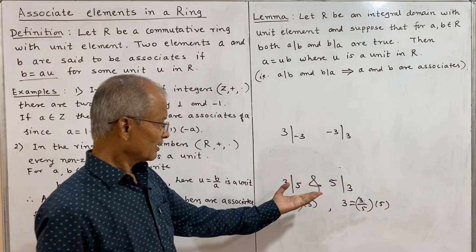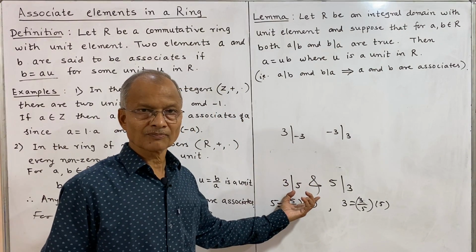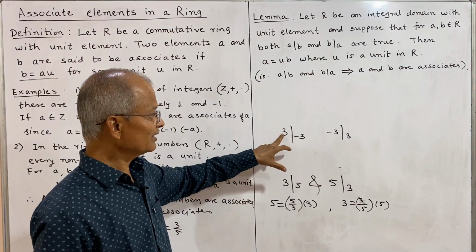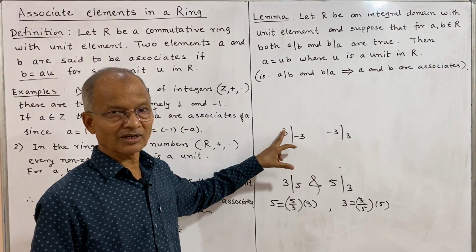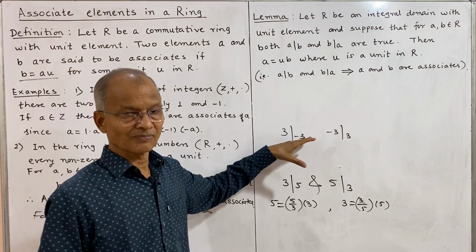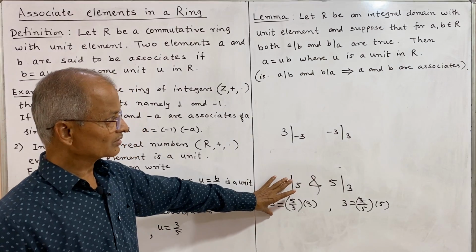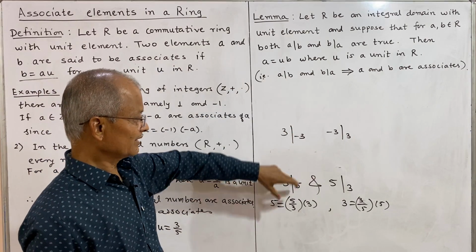So therefore these two are associates, and here in integers only the additive inverses, negatives of each other, are associates, and here any non-zero real numbers are associates of each other, and they divide each other in real numbers.